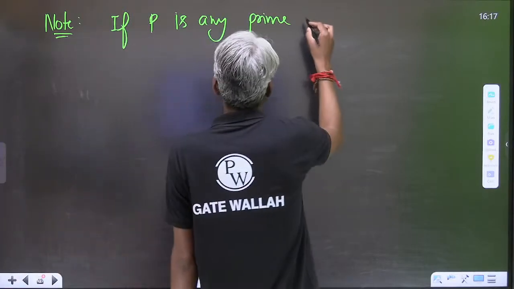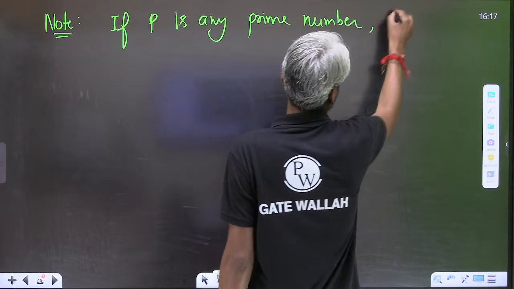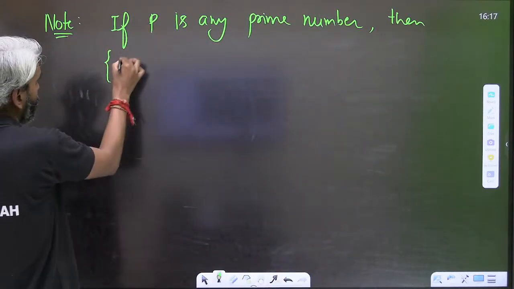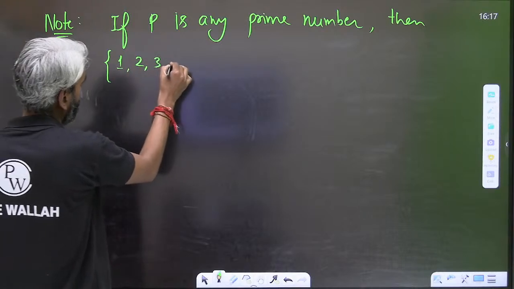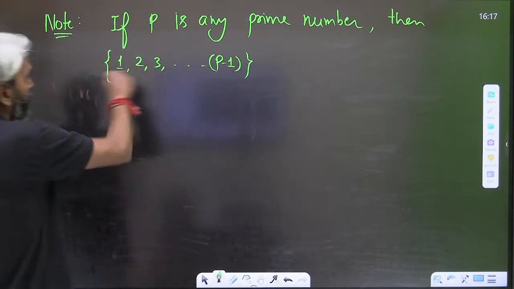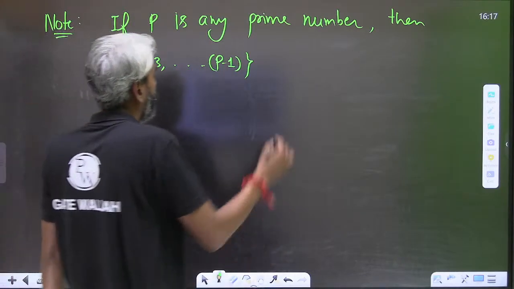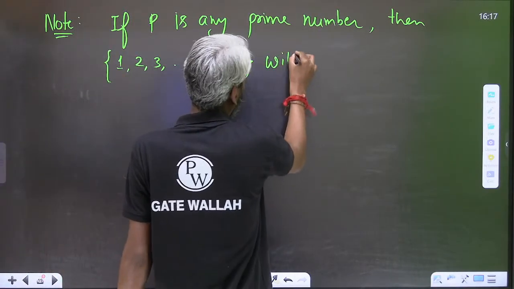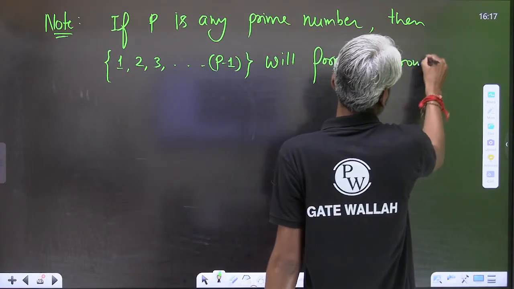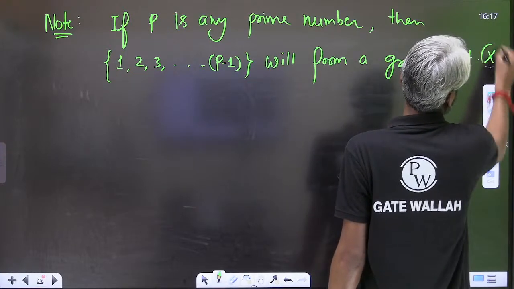So the set of all integers less than p, that is 1, 2, 3, up to p minus 1, will be co-prime to p. Therefore, the set containing elements 1, 2, 3 up to p minus 1 will form a group with respect to multiplication modulo p.